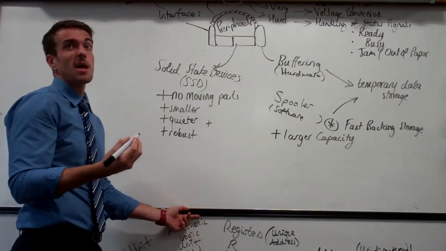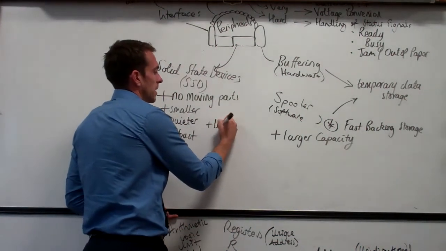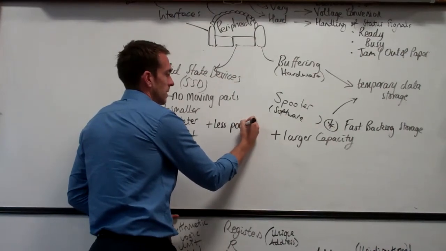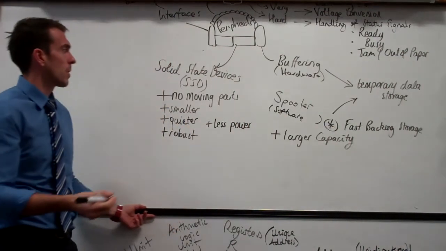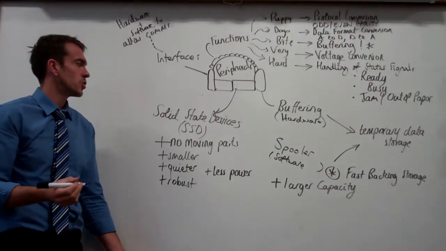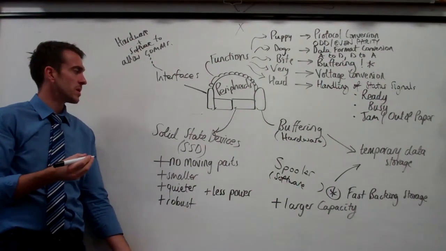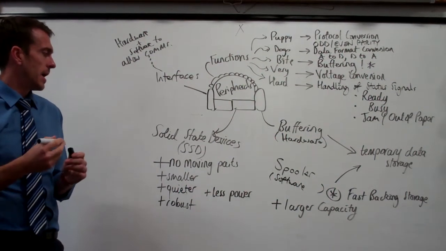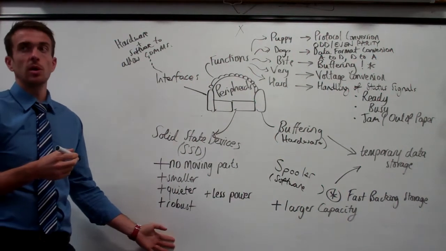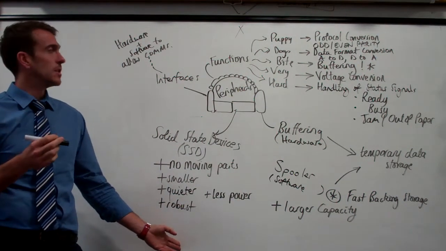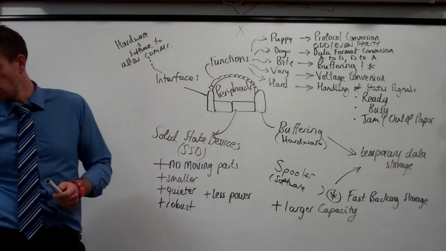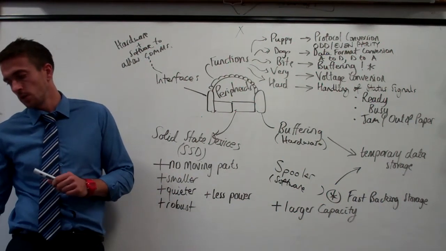Less electricity, your battery lasts longer, yeah, so less power we'll put in there, just remember to explain that one. Less power required, so they'll last longer per charge, no moving parts, more robust. Our devices are getting much smaller because the memory that we put into them is becoming much smaller as well, so things like cameras, laptops all getting smaller and lighter.